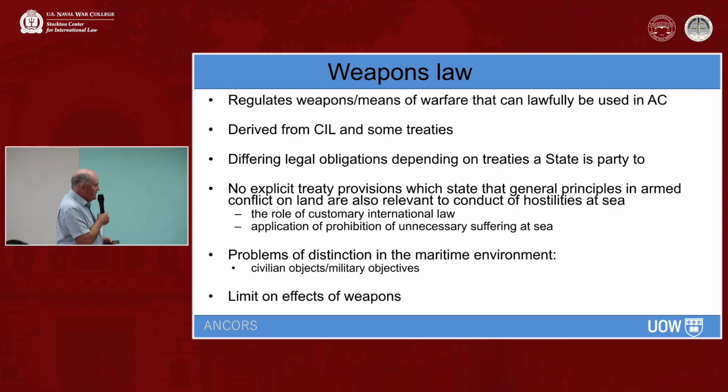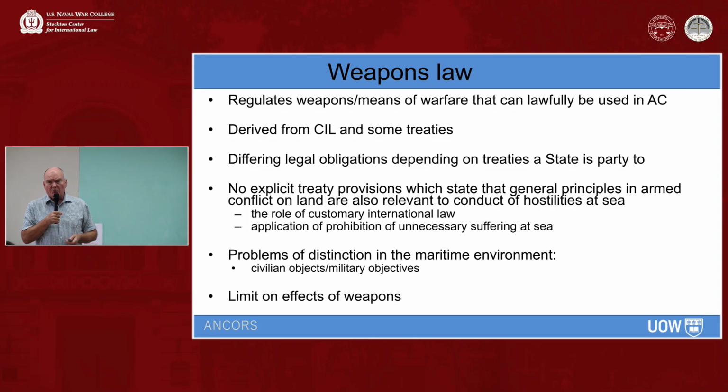For example, unnecessary suffering. Drowning, I understand, is not a particularly nice way to die, but just because your weapon system is going to result in someone drowning doesn't mean that there's therefore a restriction or prohibition on using that weapon.